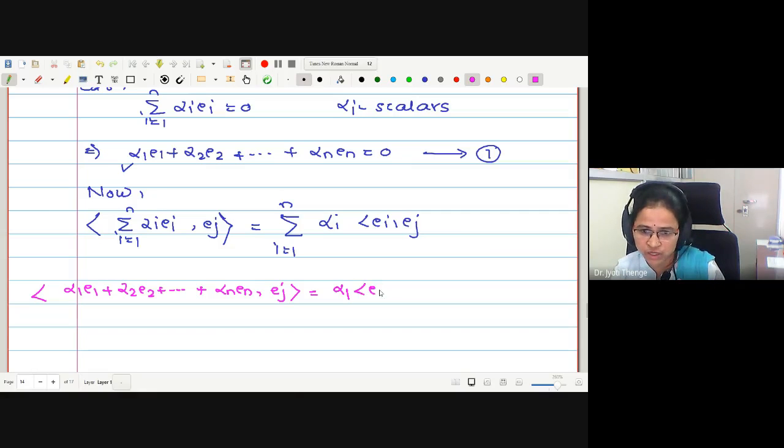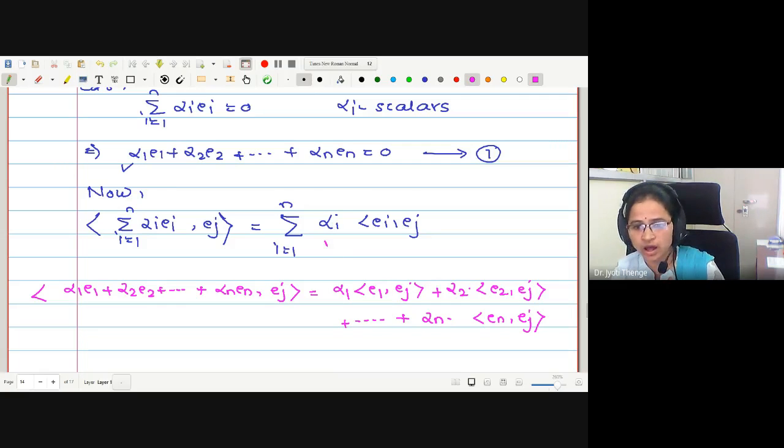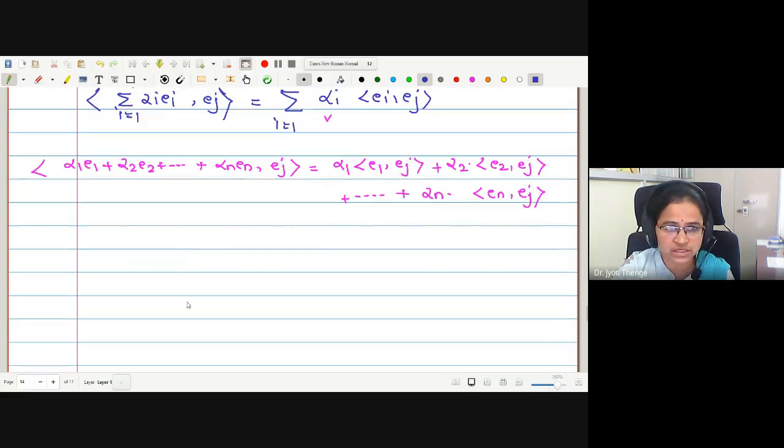Alpha 1 is taken out, inner product of E1 with Ej, added with alpha 2 taken out, inner product of E2 with Ej, and continue, alpha n taken out, inner product of En with Ej. Now look at this right hand side. This is the summation of alpha i times the inner product of ei with ej. Correct now? We have written it directly. Now just continuing the previous step here.